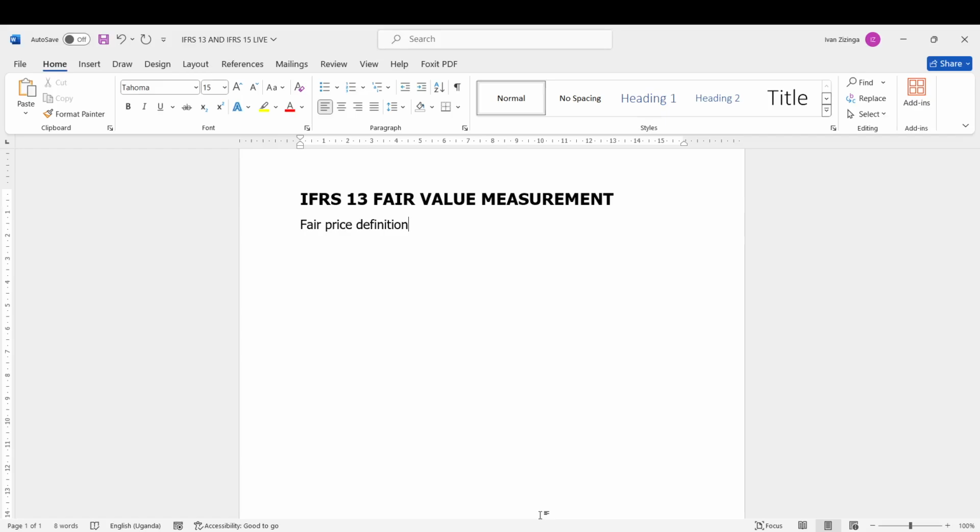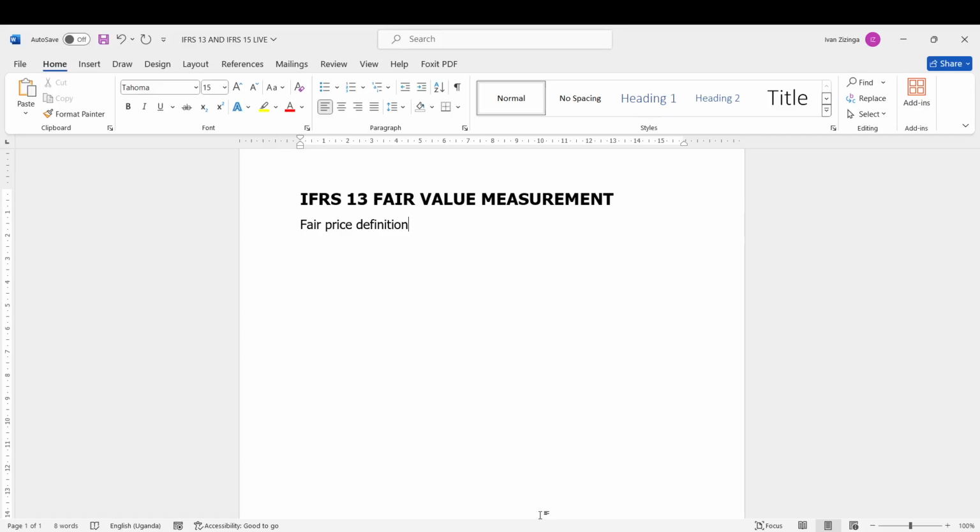Also maybe the basis of how to determine fair value. Is it using the active market? That's something I remember about this standard. Maybe I will get more detail when we go through it.